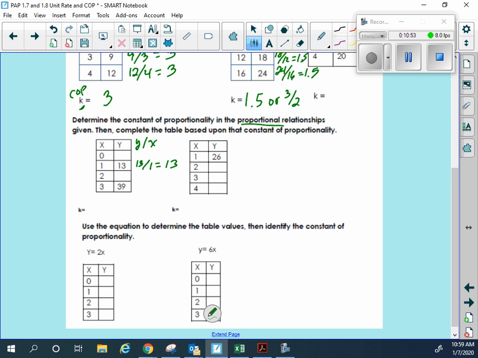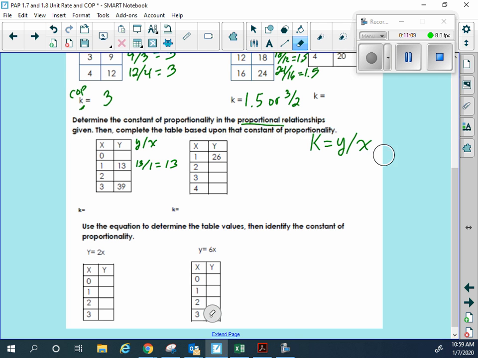Algebraically, we already know that k equals y over x. Now I want to solve for just y. So algebraically, how am I going to get just y by itself?